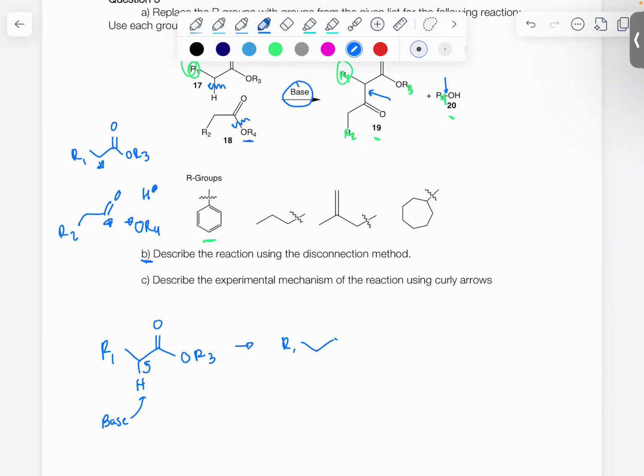The resulting anion is a great nucleophile that can attack the electrophilic center of our other methyl ester carbonyl.